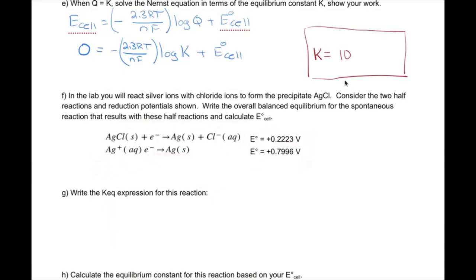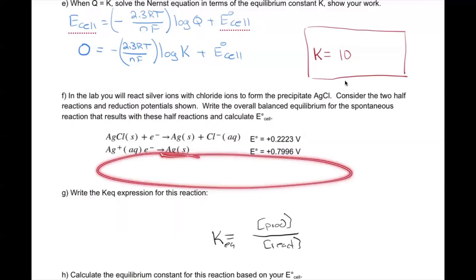Once you have the overall balanced equation, then we need an equilibrium constant expression, KEQ, which is again products over reactants, and that's going to be based on the chemical equation you get here.